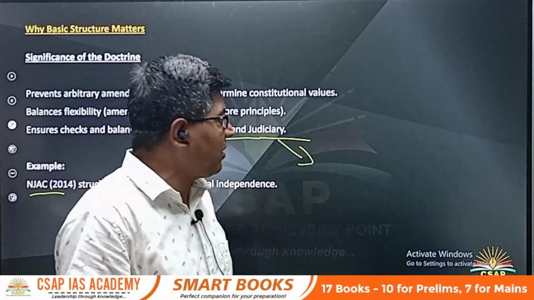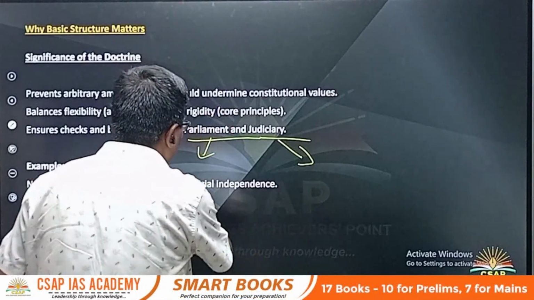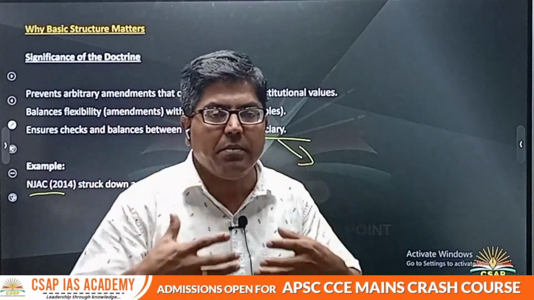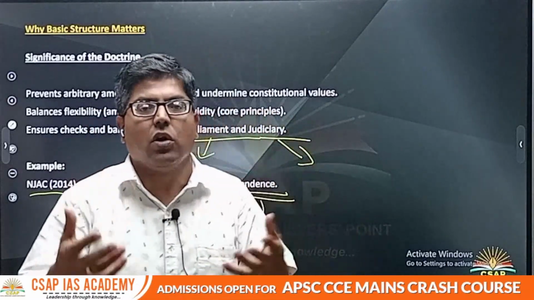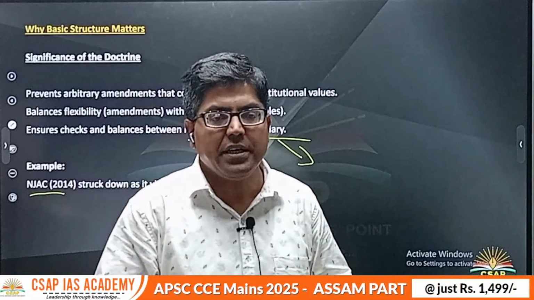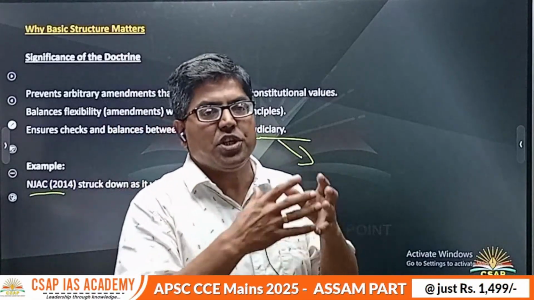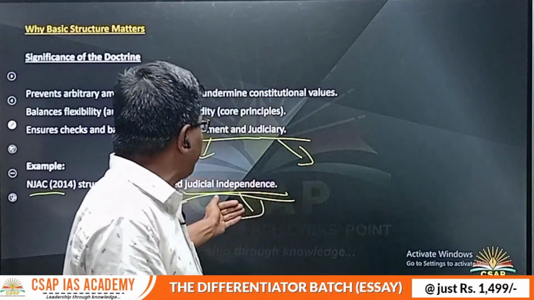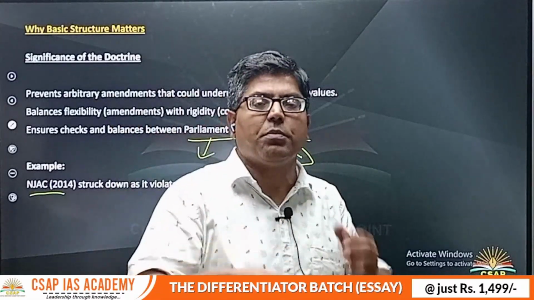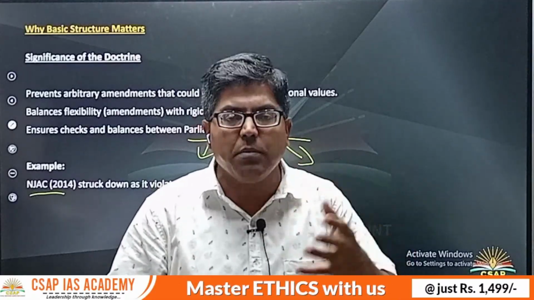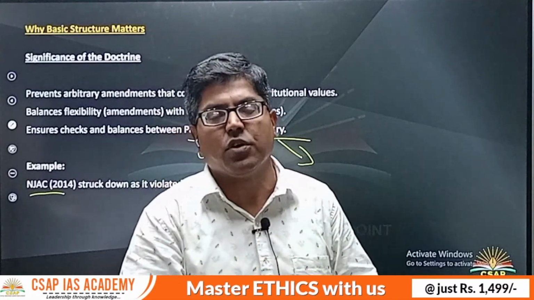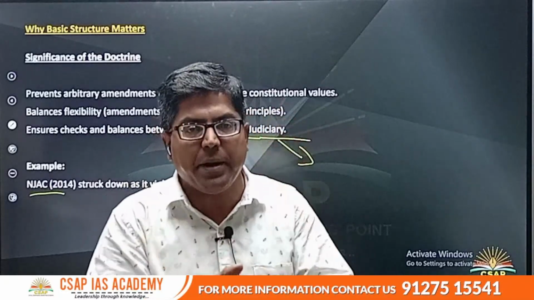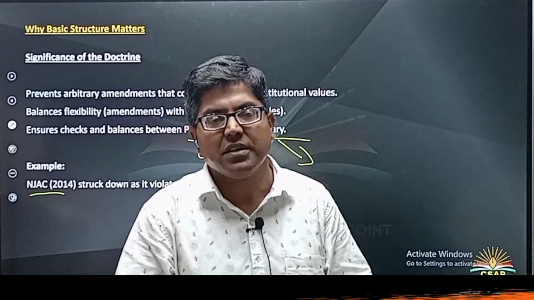Why was it declared unconstitutional? Because the Court thought that it violated judicial independence. If the appointment process came under the control of the executive, the judiciary believed that it could potentially compromise the independence of the judiciary. So independence of the judiciary again forms one of the basic structures of the Indian constitution, right? And what are the greater dangers if the independence of the judiciary is compromised?